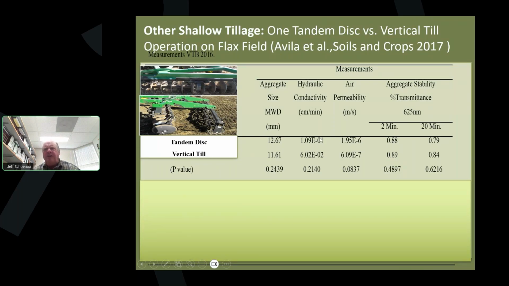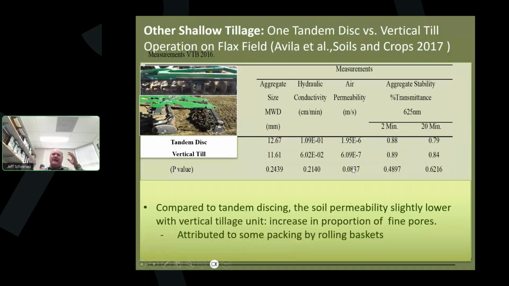The hydraulic conductivity, which is a measure of the infiltration rate, the rate at which water enters into the soil, was a little bit lower, but it wasn't statistically significant. The air permeability we measured was also reduced, lower in the vertical till, but again, it was not significant at the 5% level, though it was significant at the 10% level.